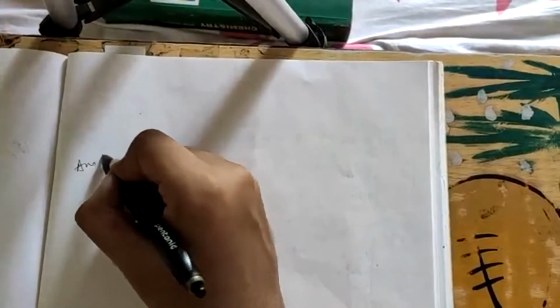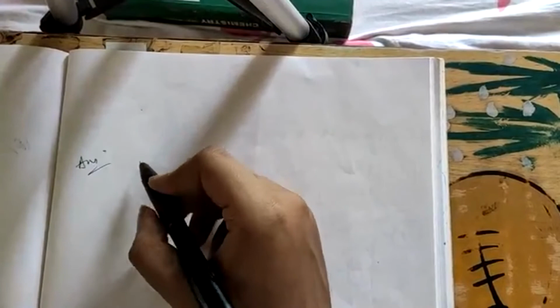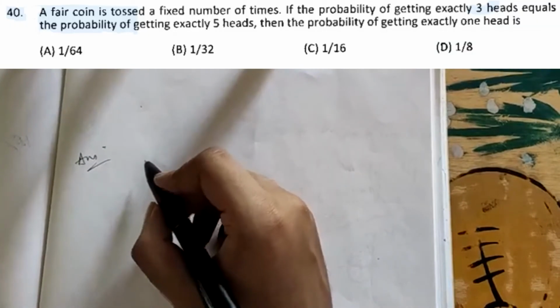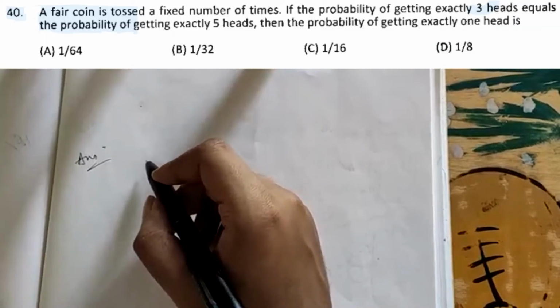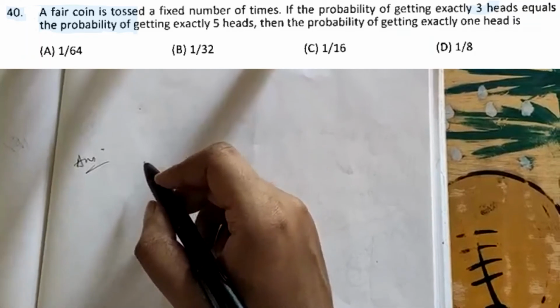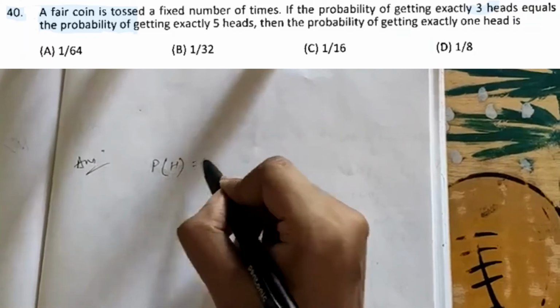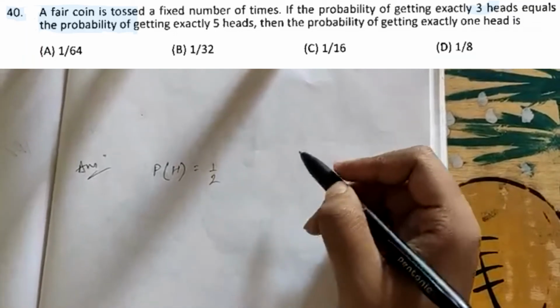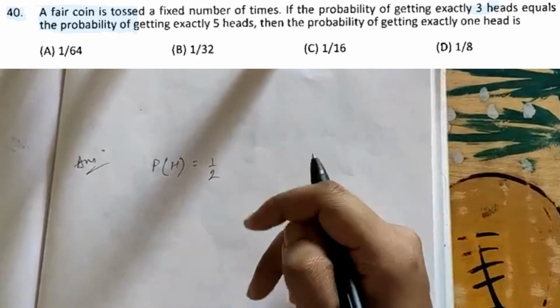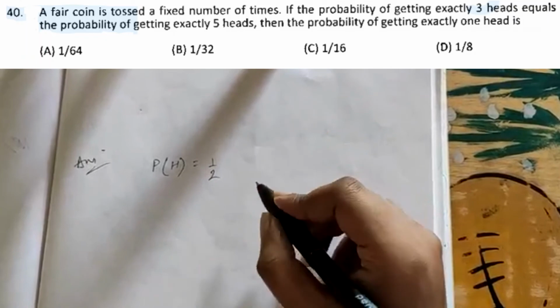So question number 40. In question number 40, it's being said that a fair coin is tossed a fixed number of times. Let the probability of getting head be half. Everybody knows that, because if we toss a coin, there can be a possibility of getting either head or tail.